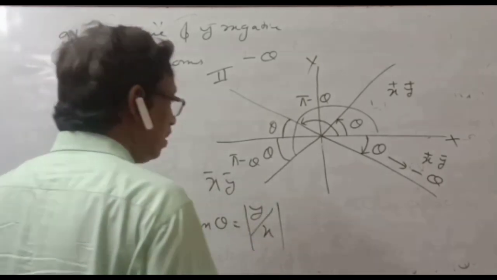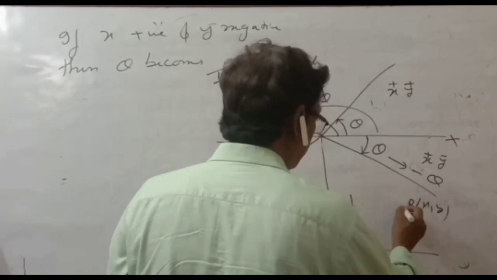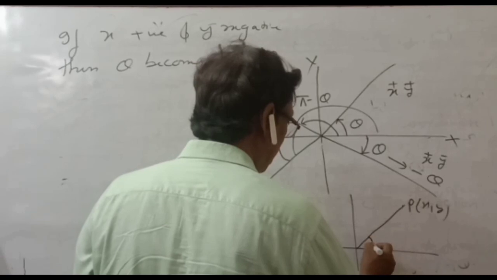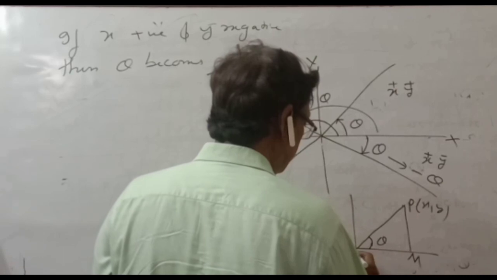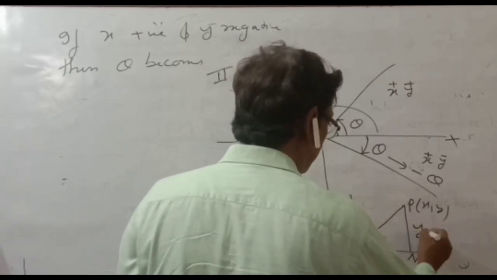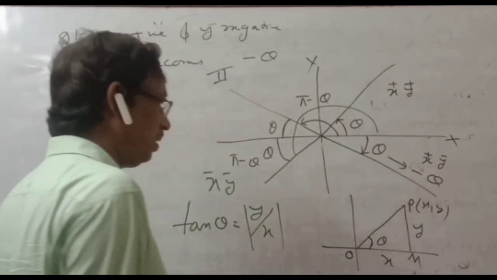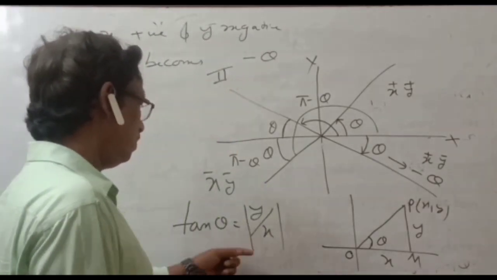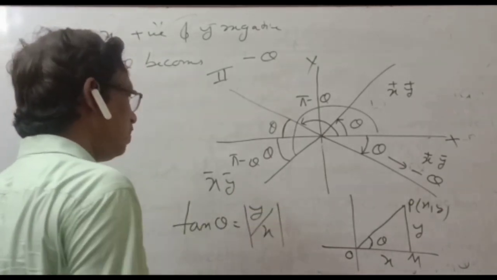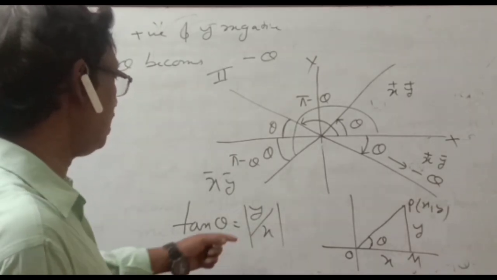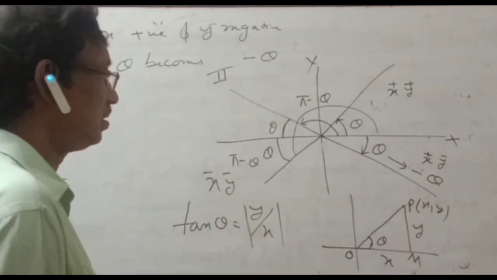Because for P(x, y) with angle theta, draw a perpendicular; this represents x and this represents y, then tan theta is equal to the modulus of y by x. Whether x is positive or negative, y positive or negative, we only take the positive value and convert from there.